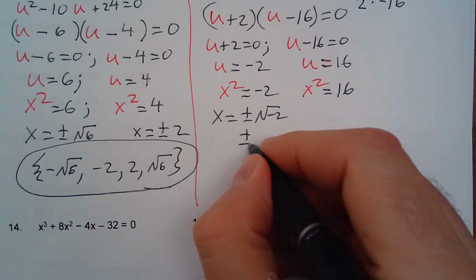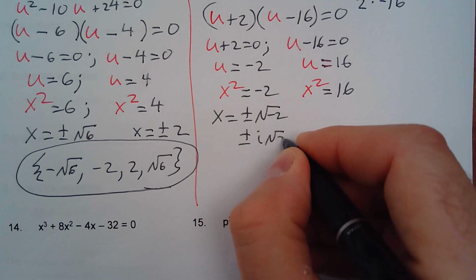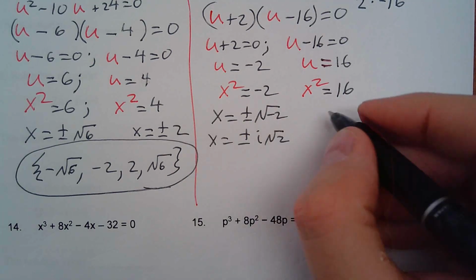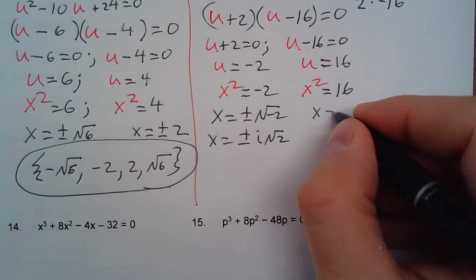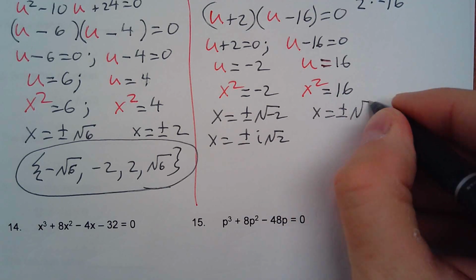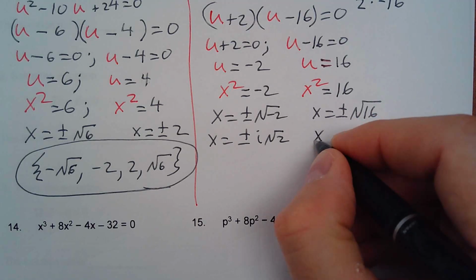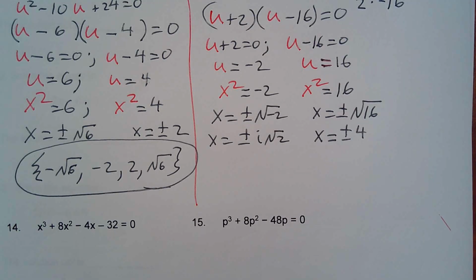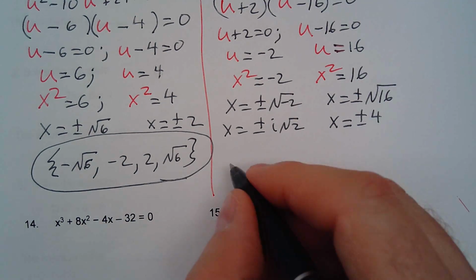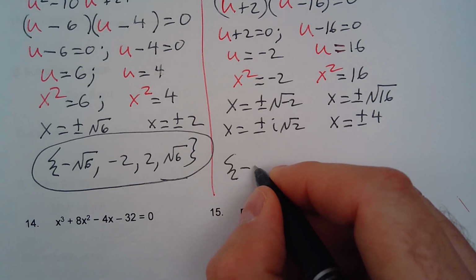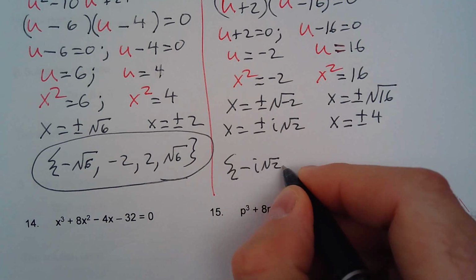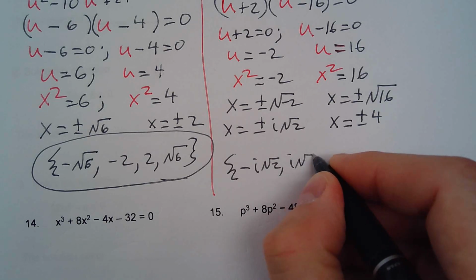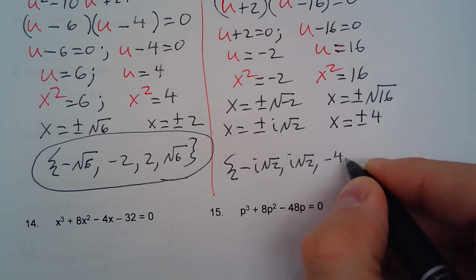And that's just plus or minus i square root of 2. And then here this would be x is plus or minus the square root of 16, which would be plus or minus 4. So we get negative i square root of 2, i square root of 2, negative 4, and 4.